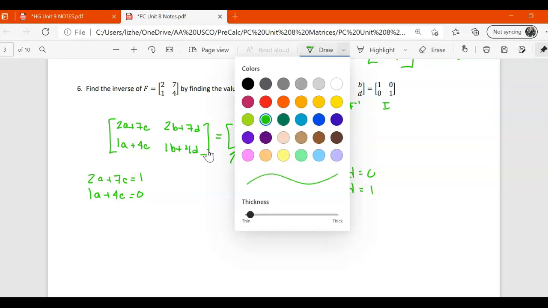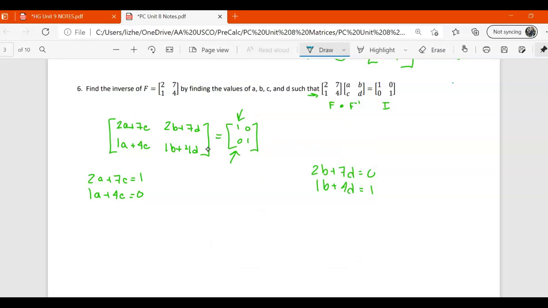I'm getting sick of that pinky color, so here we go. Okay, I'm going to multiply this second equation by a -2. And so then I have 2A plus 7C equals 1. And this would be -2A minus 8C equals 0. Add them up, and the 2A's cancel. 7 minus 8 is a -C equals 1.